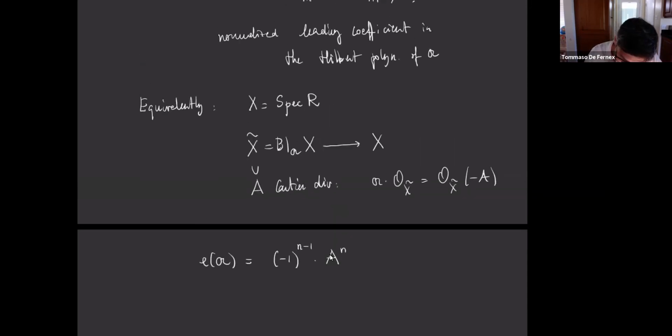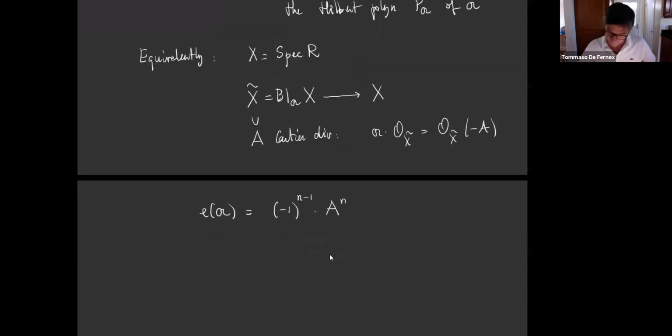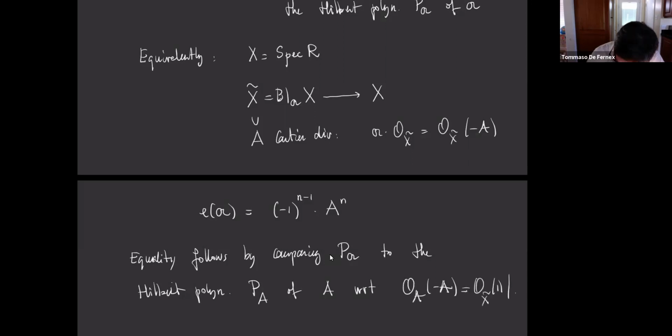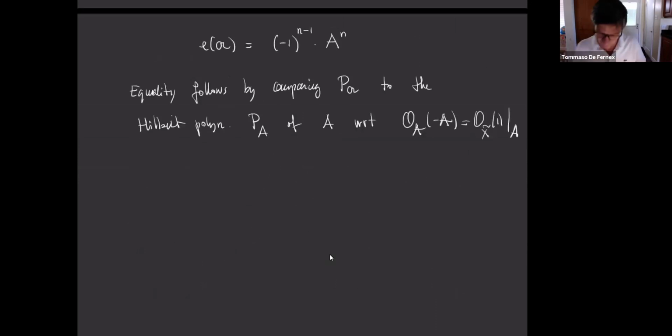So let me give a name maybe to the Hilbert polynomial. Call it the polynomial P of A. The equality between the two follows by comparing the Hilbert polynomial P_A to the Hilbert polynomial, can we call it P capital A of A, with respect to the O of minus E, which is the same thing as O of X tilde of 1 with respect to A. So the two polynomials are different because they have different degrees, but you can show that one is asymptotically the difference of the other, and therefore they have the same normalized leading coefficient.